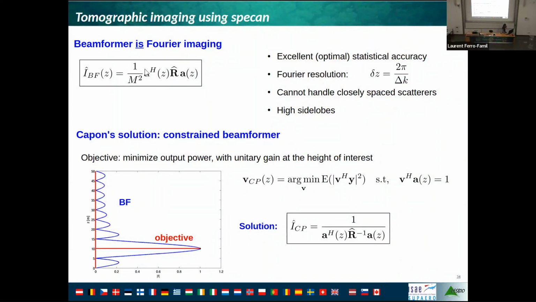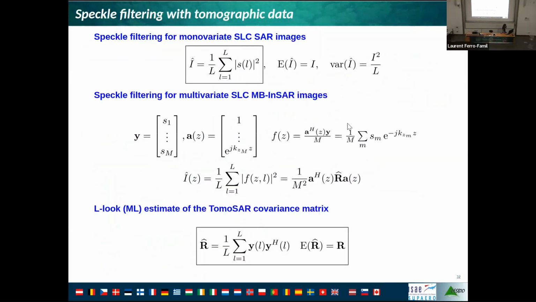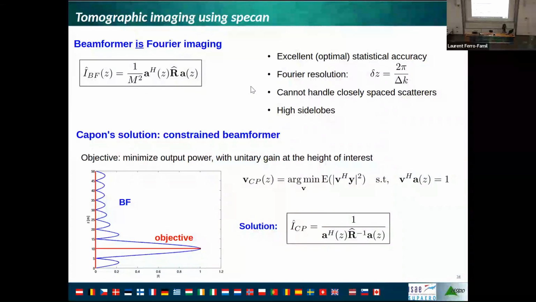Okay, this expression is exactly equivalent to a coherent combination, and then you average. Okay, and why do we do it with the matrix? Because when we do it with the matrix, we can also apply this technique to other kinds of estimators, and in particular the Capon one.